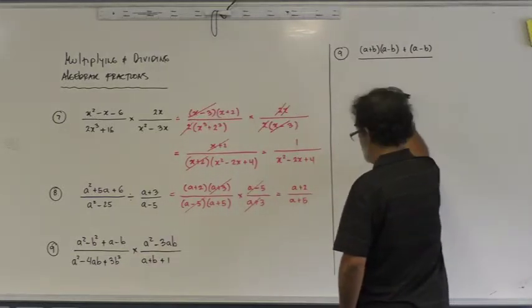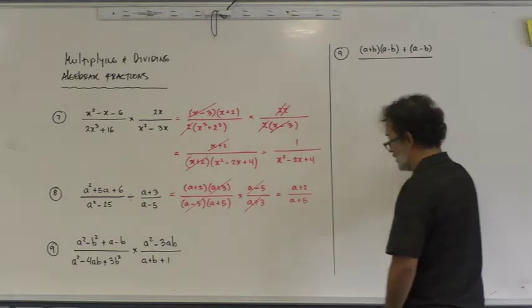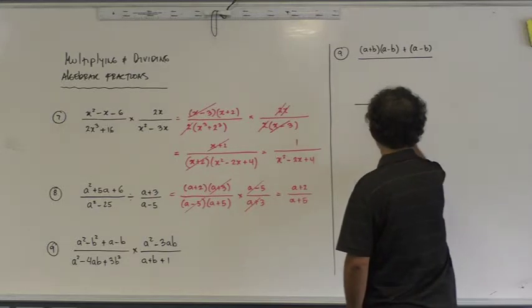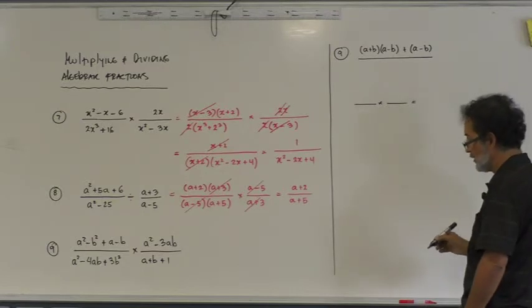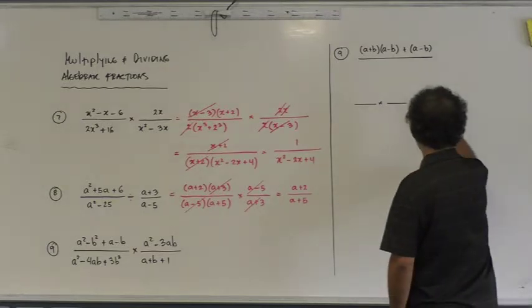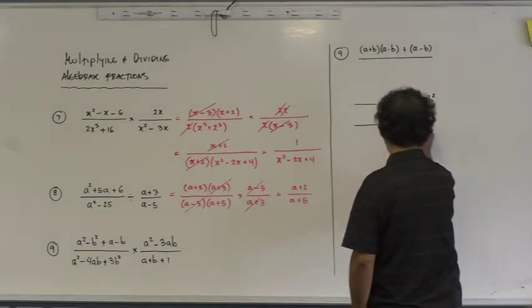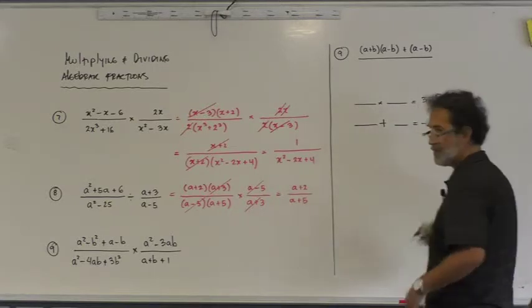So I'm going to do the calculation here, and then we're going to write it down. We need to find two numbers that when you times them together is equal to 3b squared, but when you plus them together, the answer has to be negative 4ab.